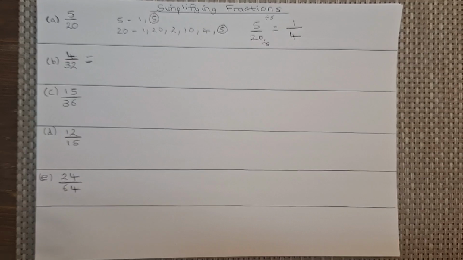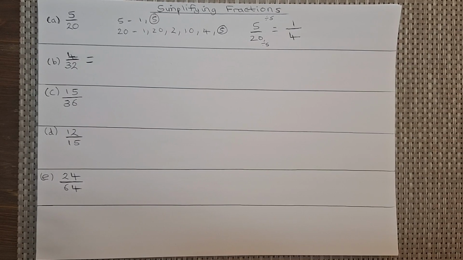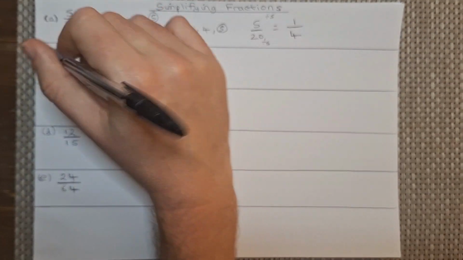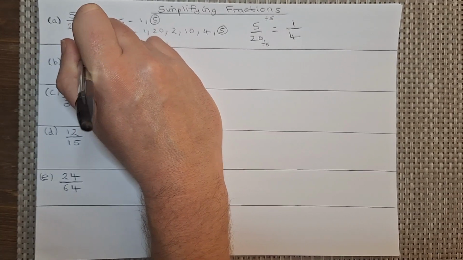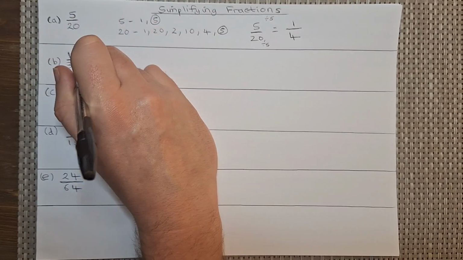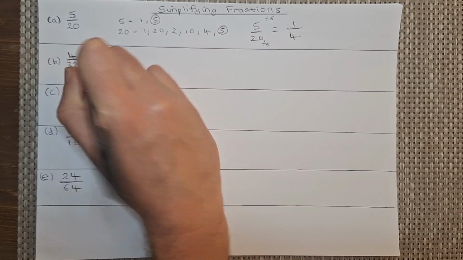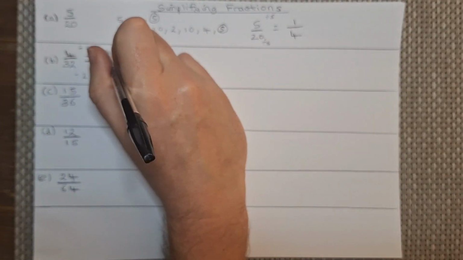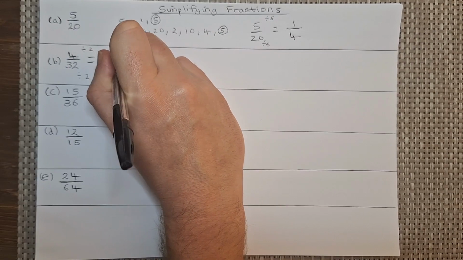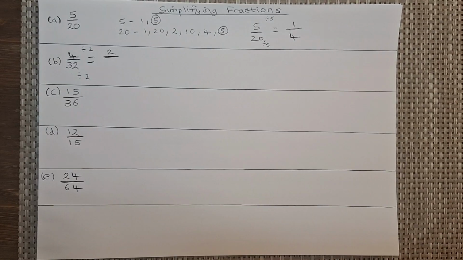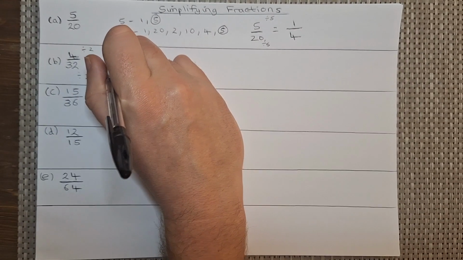So 2 goes into both 4 and 32. So in this case, we're going to divide by 2, as I know it is a factor of both 4 and 32, okay? So 4 divided by 2 equals 2, and 32 divided by 2 equals 16.